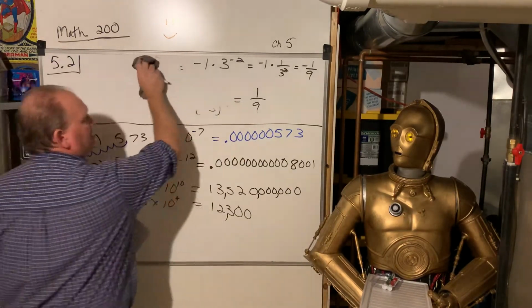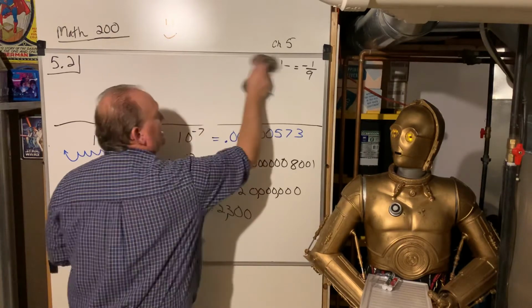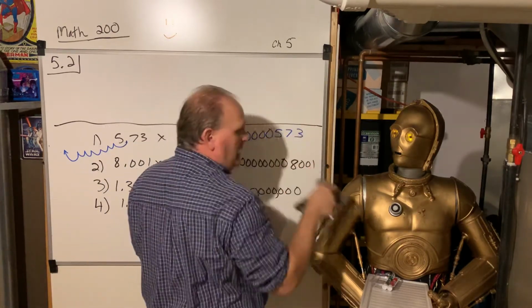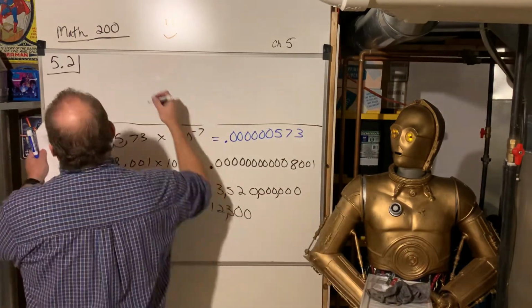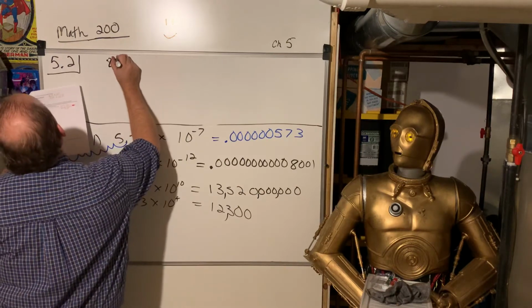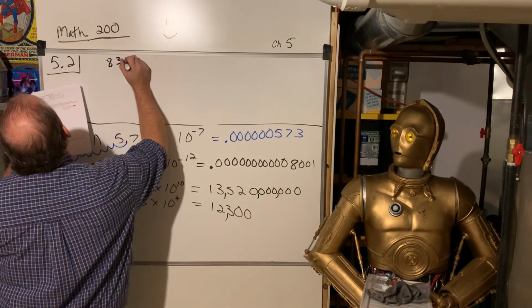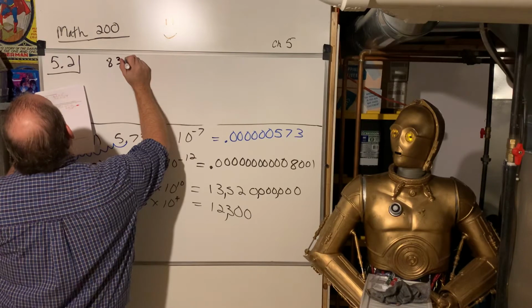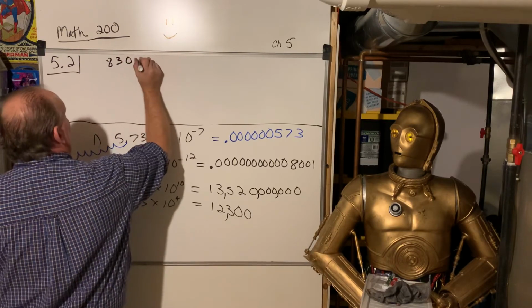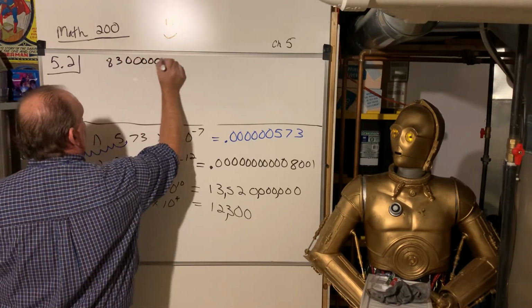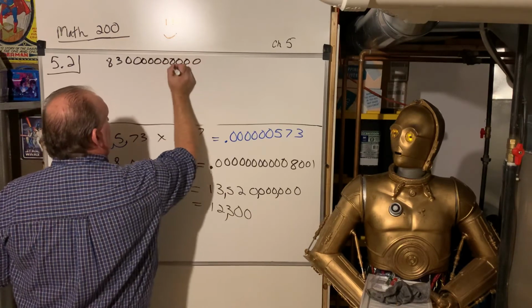And then when you're going the other way, when you're taking it from this to this, the idea is get a number between 1 and 10. So you want to redo the decimal. 8, 3, and then, what is that? 10 zeros? 1, 2, 3, 4, 5, 6, 7, 8, 9, 10.